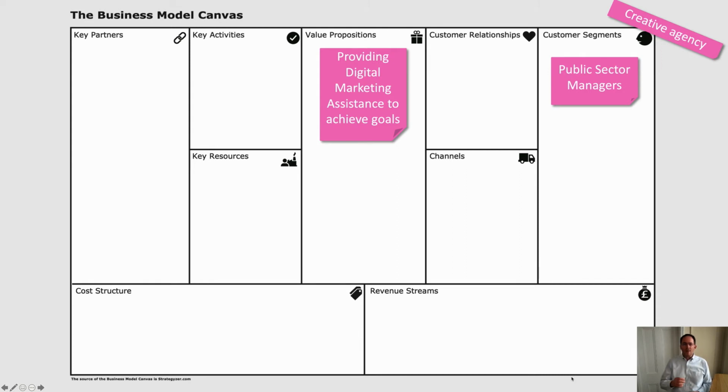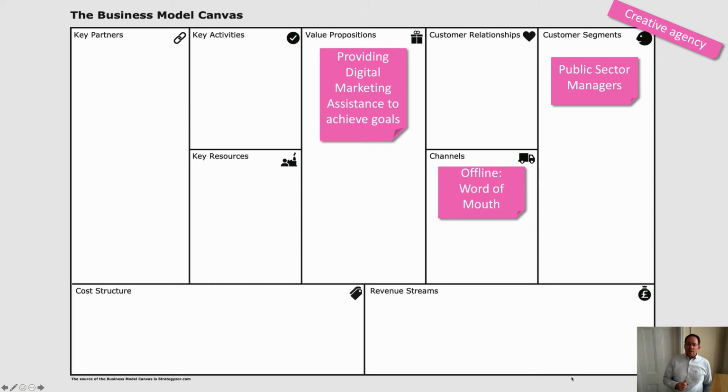And let's be clear, this is the value proposition, the offer to that customer segment. So public sector managers, you're going to get assistance to achieve your goals, which sounds a pretty good offer, doesn't it? It's not about the features or the benefits of the product or service. It's actually a value proposition for you as a customer that helps you achieve your goals.